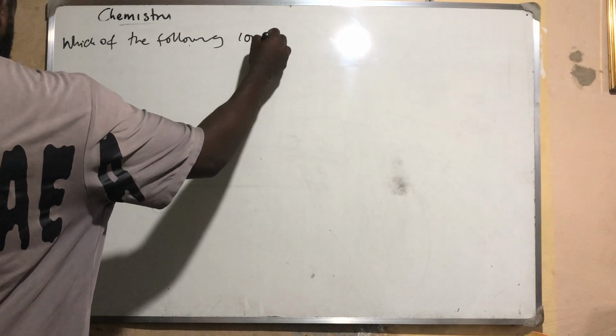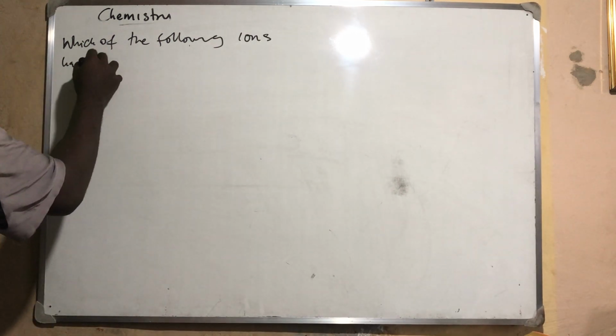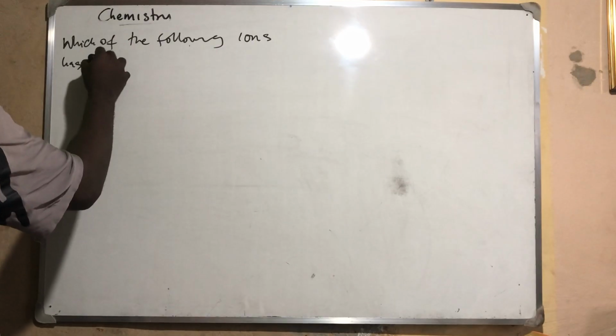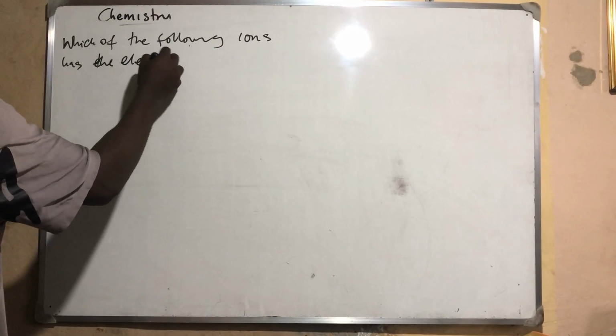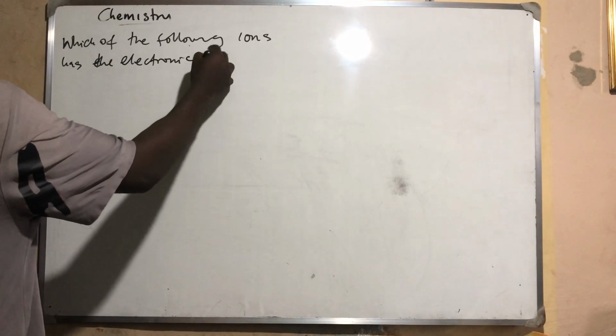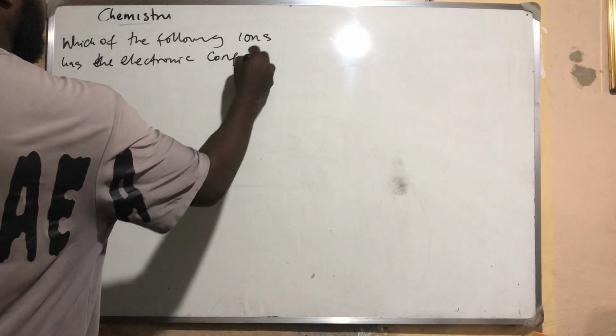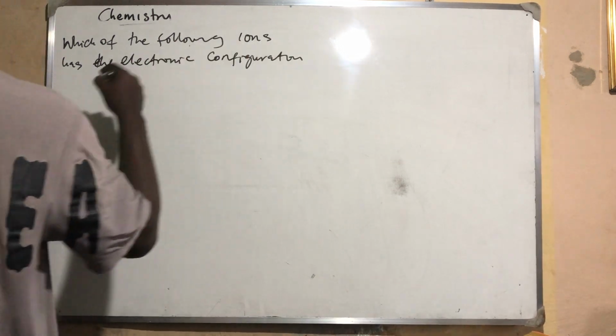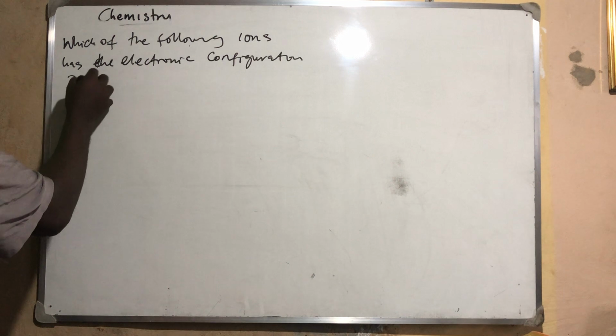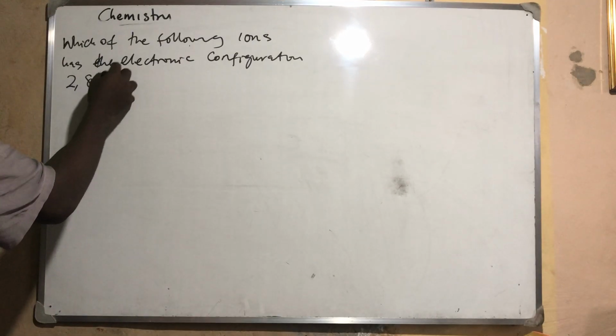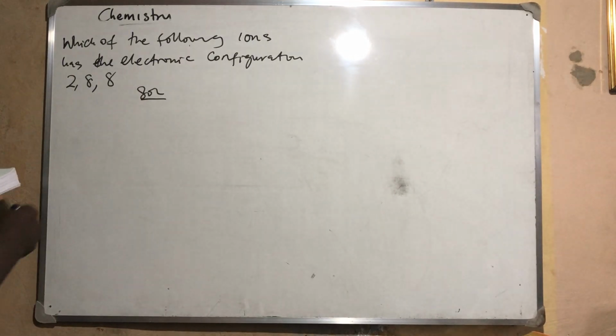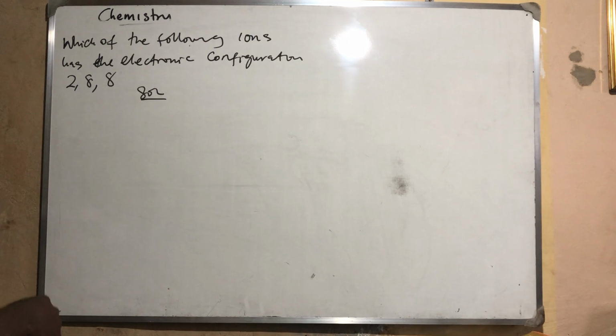All right, the next question said, which of the following ions has the electronic configuration 2, 8, 8? Okay, solution. Now, which of them has 2, 8, 8?